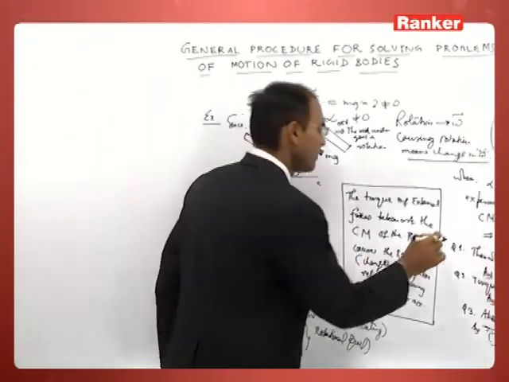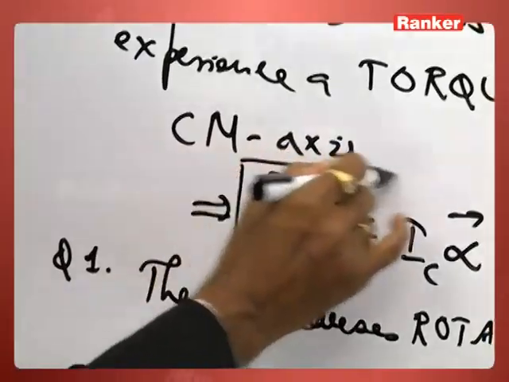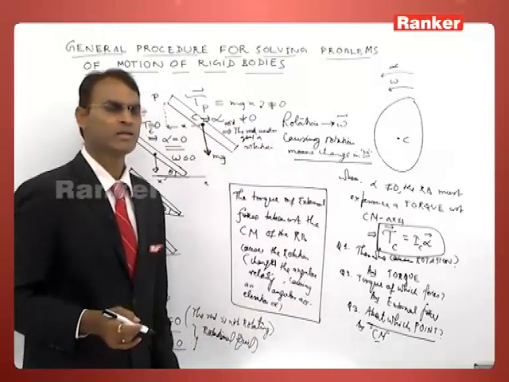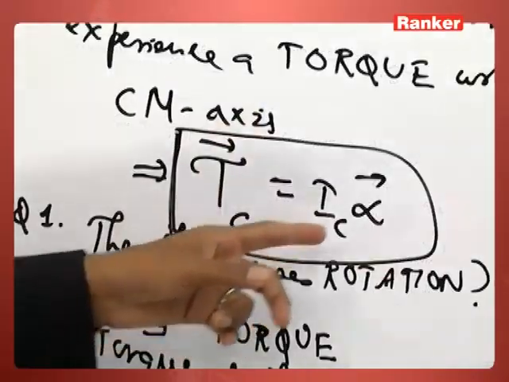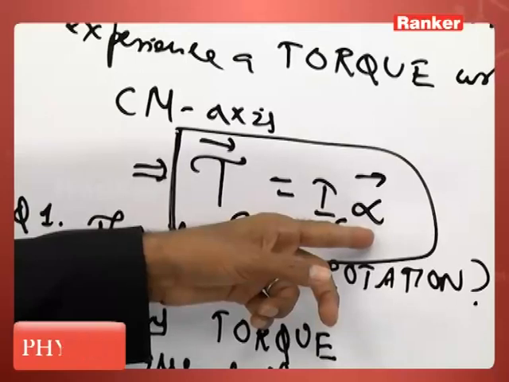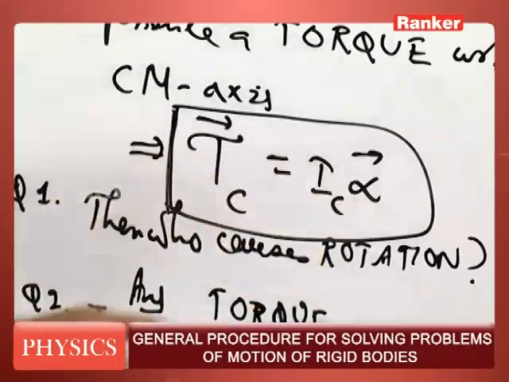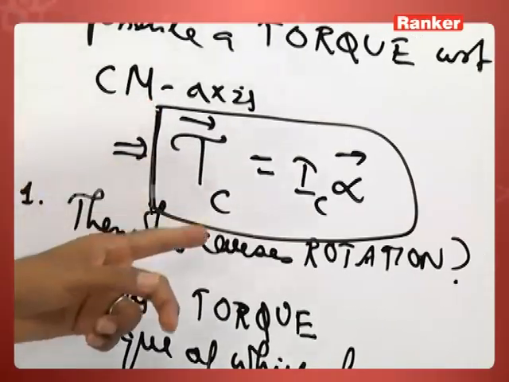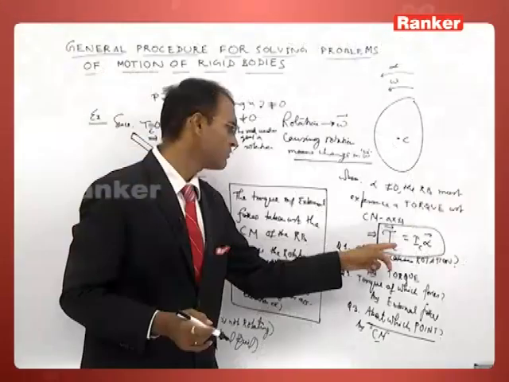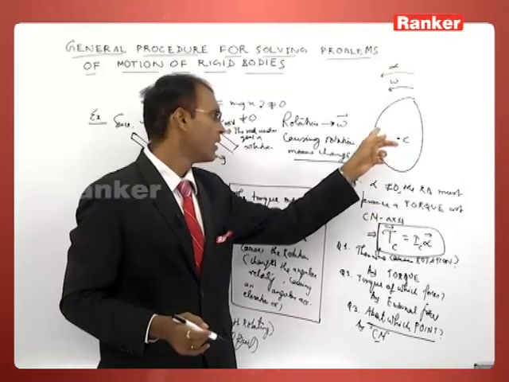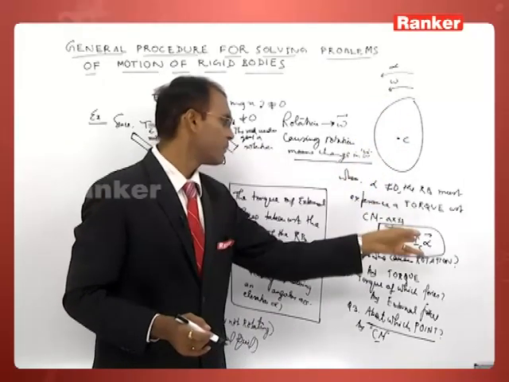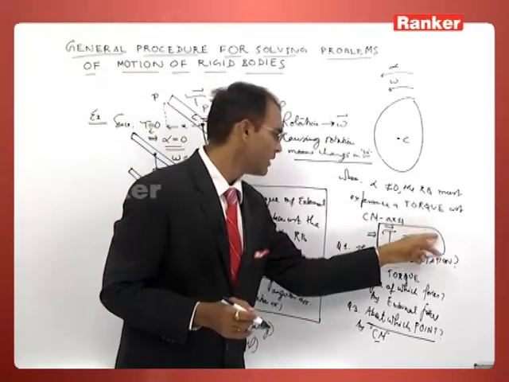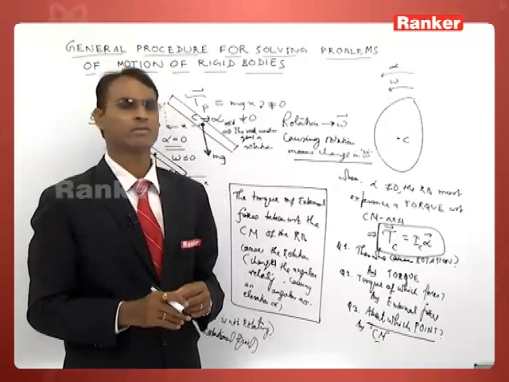So, tau c, but not torque about any other point. Torque about the center of mass decides whether the alpha of the rod will be non-zero or 0. So, torque about the center of mass of the body is equal to the moment of inertia of the body about the center of mass axis times the angular acceleration of the body.